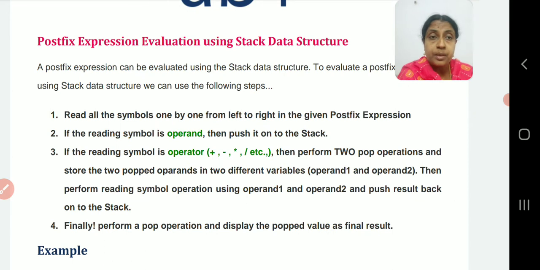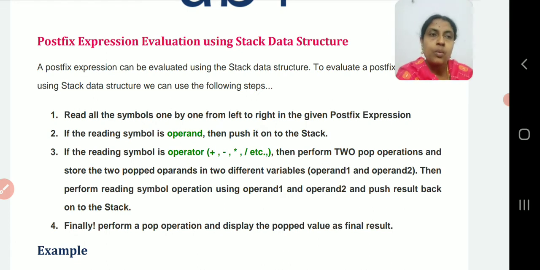In case an operator comes, plus or addition or subtraction, any operator, the last two operands, the values in the stack, should be popped out, and you need to use the symbol and evaluate it. When you evaluate, you will get an answer, correct? That answer should be once again pushed to the stack. For example, consider our stack has 5 and 3 in it.